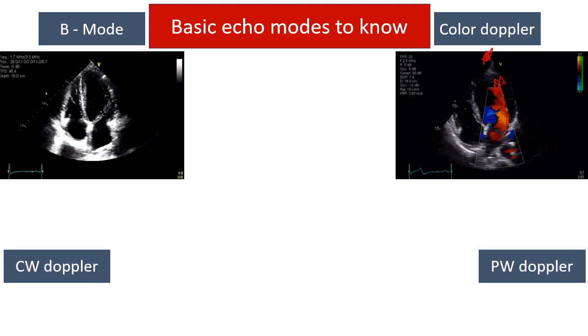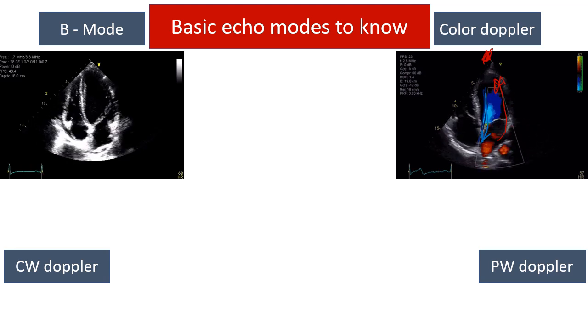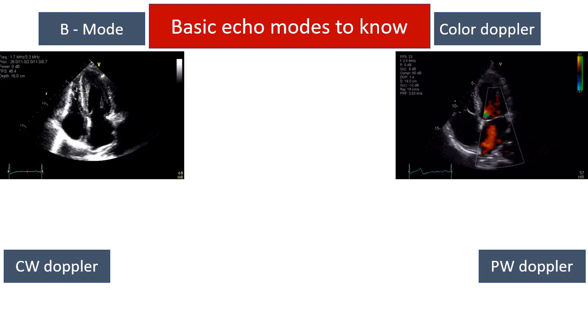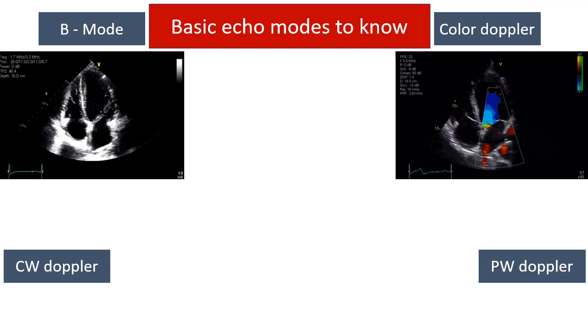While if it is going away from the probe, like here from the LV to the aortic valve, then to the aorta, it gives a blue color. And if there is any turbulence, you can get multiple colors, like red with green, with yellow, with blue. You can identify that there are plenty of colors occurring, which identifies turbulent blood flow, indicating that there is stenosis or regurgitation or shunting of blood, as you will see later.